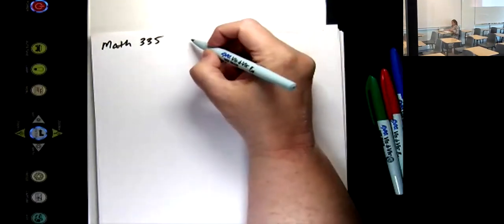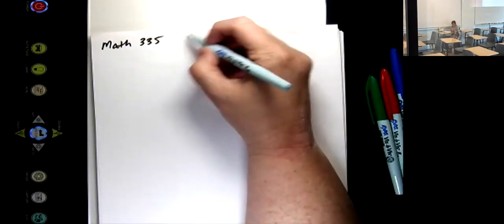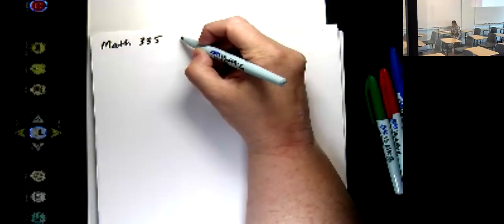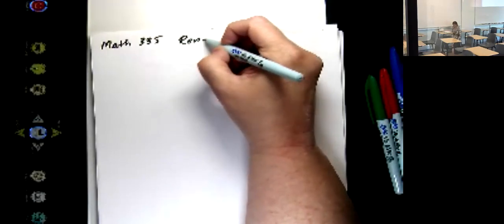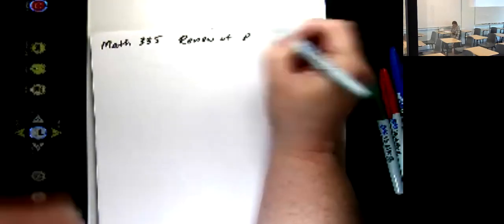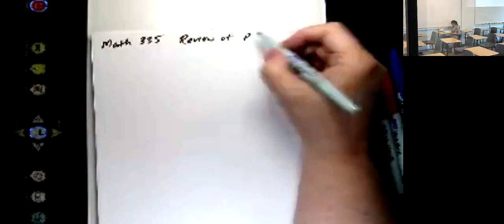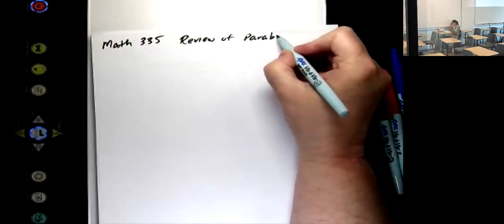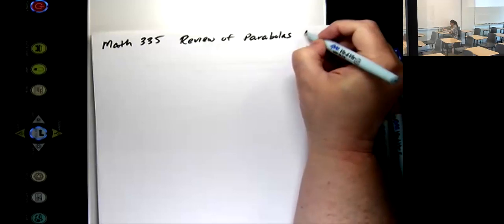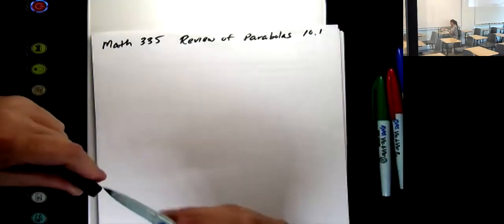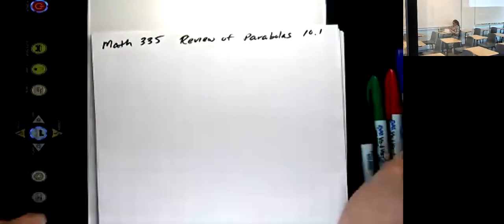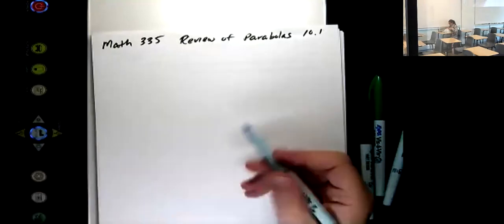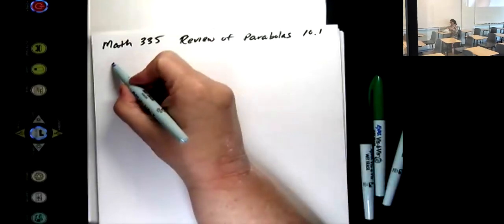So on Tuesday, we covered parabolas. So review of parabolas, section 10.1. Recall we had two forms for the general form.